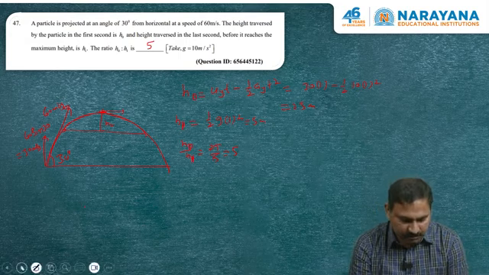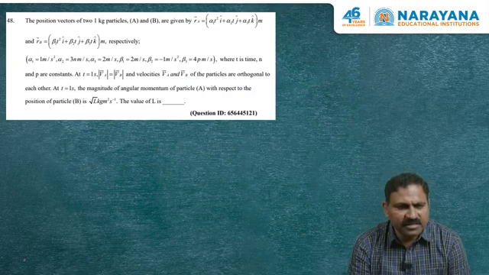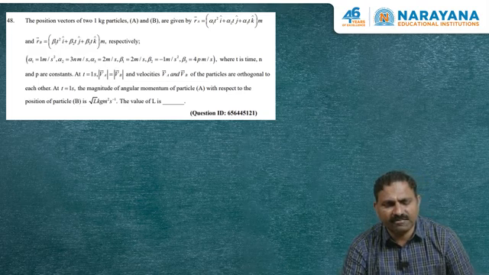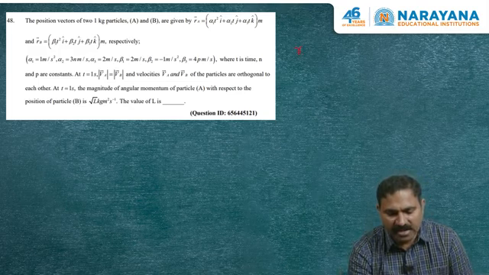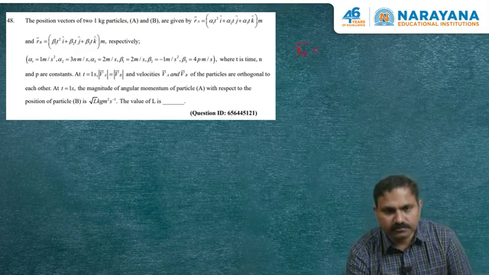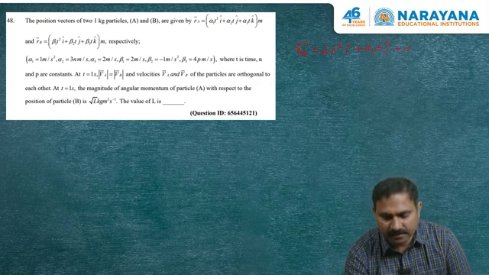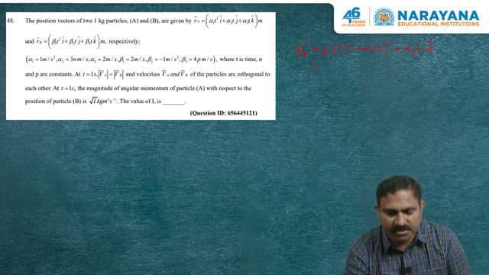Next question. The position vectors of two 1 kg particles A and B are given by rA equal to alpha 1 t square i cap plus alpha 2 t j cap plus alpha 3 t k cap. Let us substitute these values.